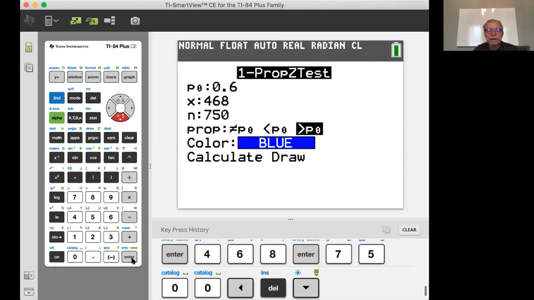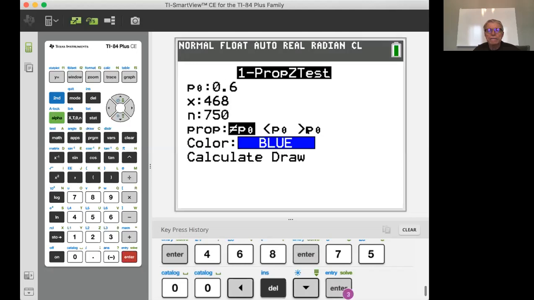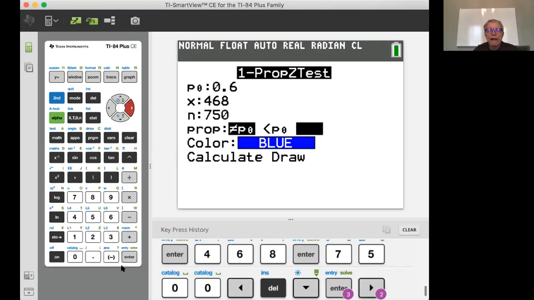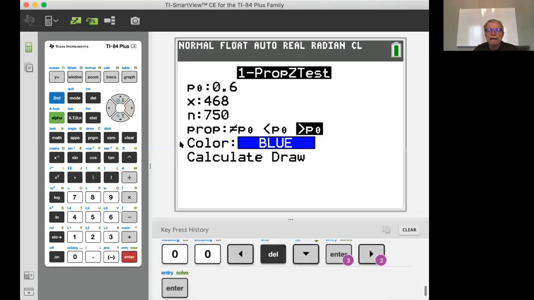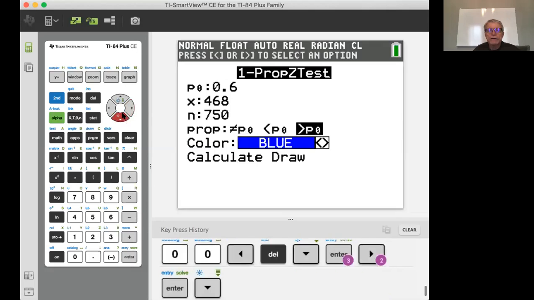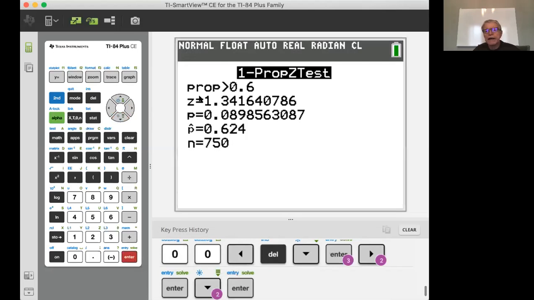Oh, so we have to hit enter. And then we go down to calculate. And we get a test statistic value, 1.34, which is what we had, and a p-value.